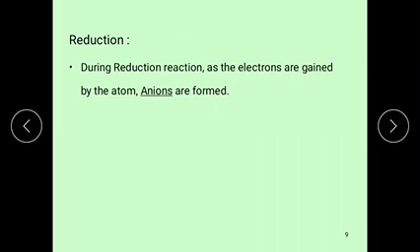During the reduction process, the electrons are gained by the atom, then it forms anions.